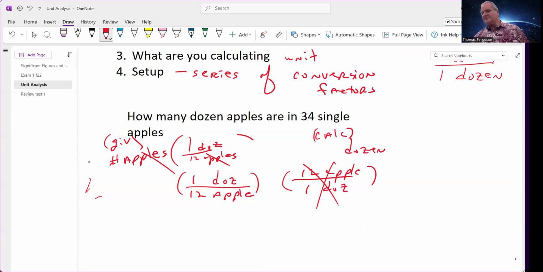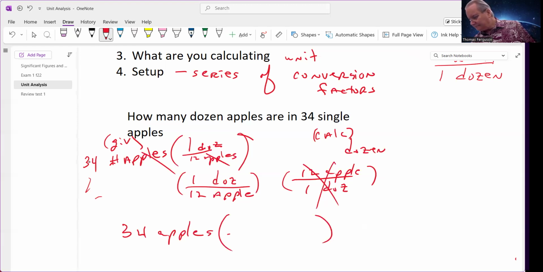So that means that one we're not using. So we're using this one here. So let's rewrite this. We have 34 apples times dozen over 12 apples equals dozen.